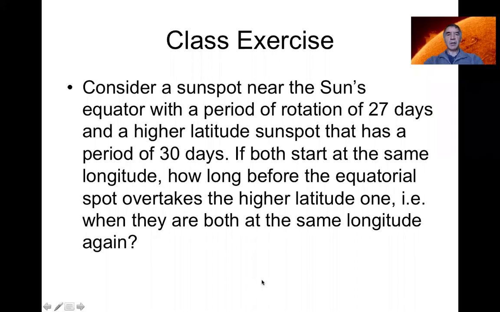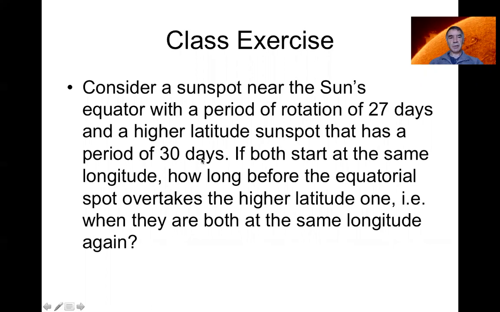Okay, so I'll leave you with one more exercise for you to have a go at and have a little explore of this idea of the differential rotation, which you see is sort of key behind a lot of this explaining the solar cycle and the sunspot activity.